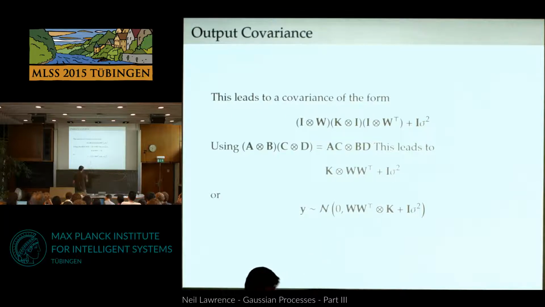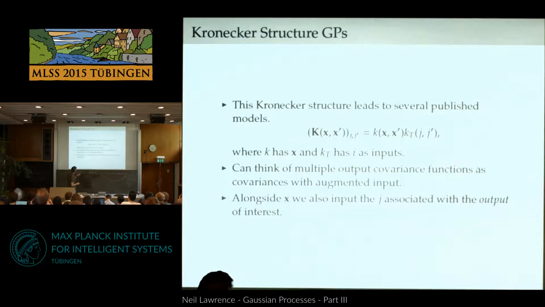All this would say is k of x comma x prime times B of j, j prime. So what you're saying here is, it's a kernel function, but it's a kernel function that has a finite domain of countable indices, which is known as a matrix. So it's a covariance function, but it's a covariance matrix.